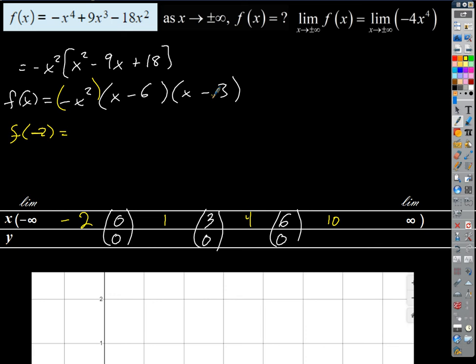So the first factor at -2 is going to be what? Negative. In fact, what's the sign of the first factor always going to be? Because x squared is always positive times -1 makes it negative. So we already know we're going to check the signs at all these places.